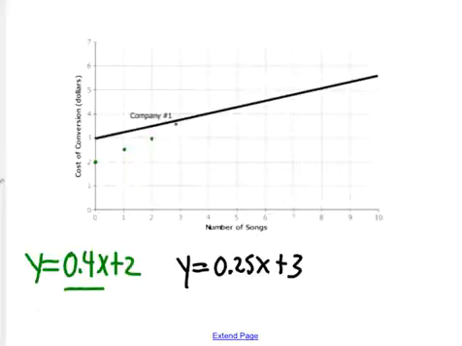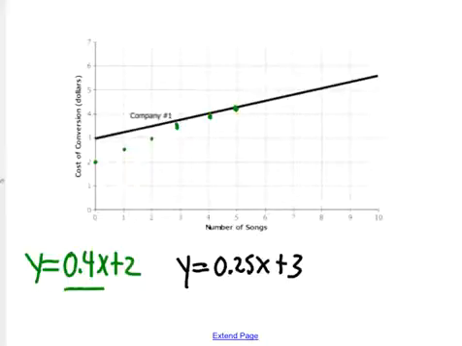So I'm about maybe there. Okay, and 4 songs would be $1.60 plus 2 would be $3.60. So it looks like it's about there. And 5 songs would be, let's see, 0.4 times 5 would be $2. So 2 plus 2 would be 4. So at 5 songs, I'm roughly there.